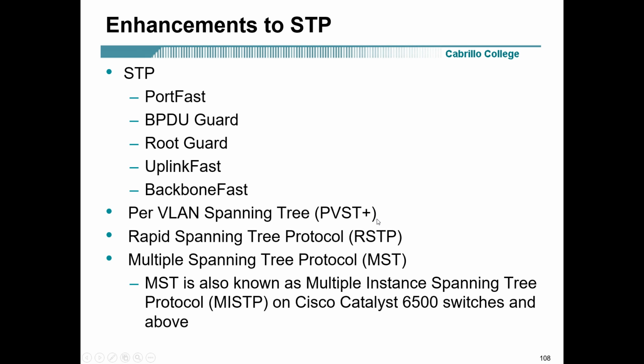Other enhancements for our STP, again, PortFast, BPDU guard, root guard, UplinkFast, BackboneFast. Per VLAN spanning tree or PVST Plus, rapid spanning tree, RSTP, or our multiple spanning tree protocol. MST is also known as multiple instance spanning tree or MISTP, which can be found on a Catalyst 6500 series switch and above.